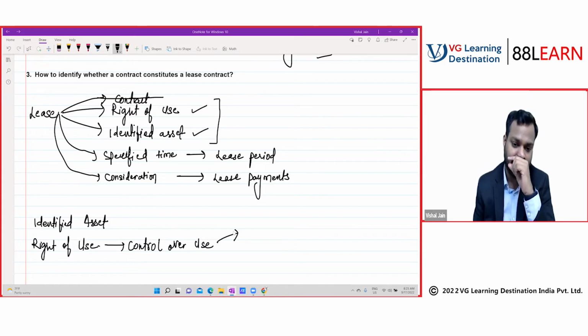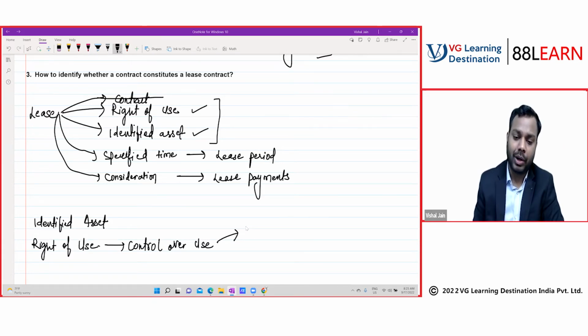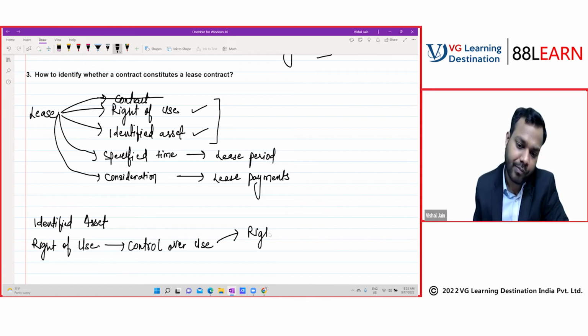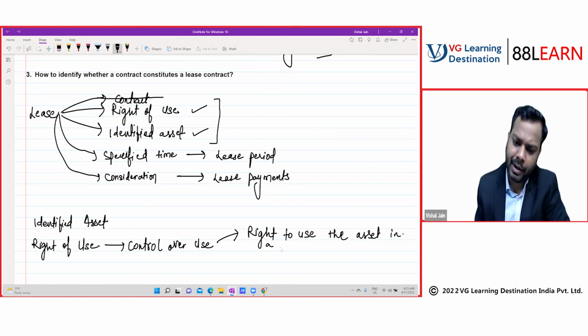Okay, now control over use means what? See, basically, if I have got the control, it means I have got the right to use the asset in a manner I want to.